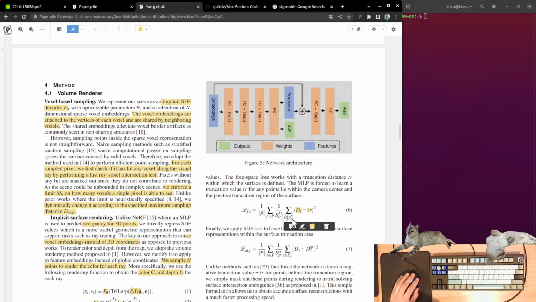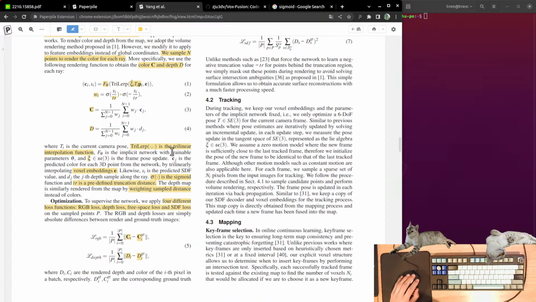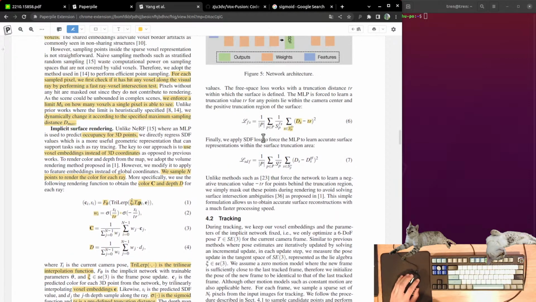For all points S in SP, f of S. Okay, then they have an SDF loss here.